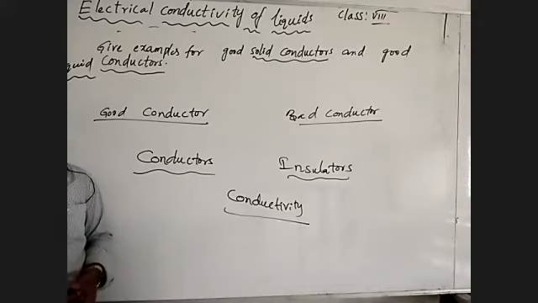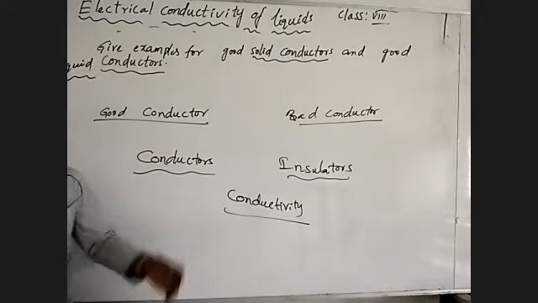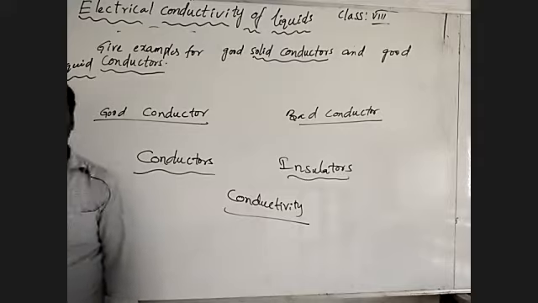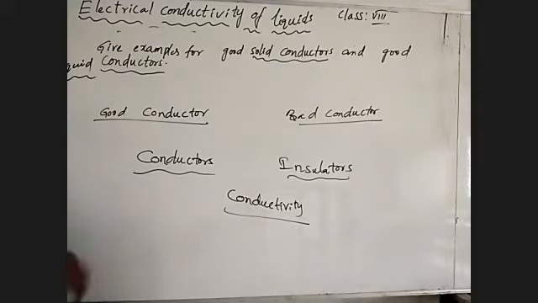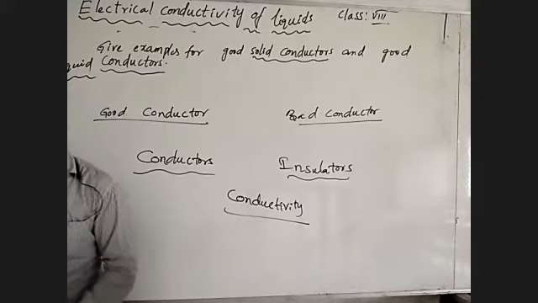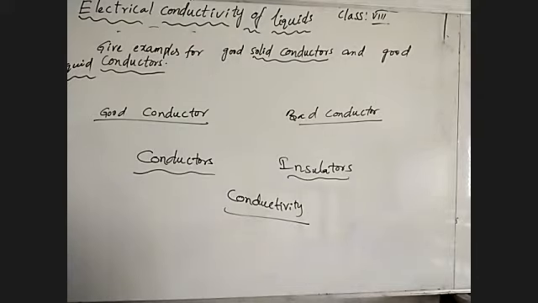Understand? Most of the metals allow electric current through them. That's why we can say those are good conductors for electric current. And same as that, bad conductors are insulators.